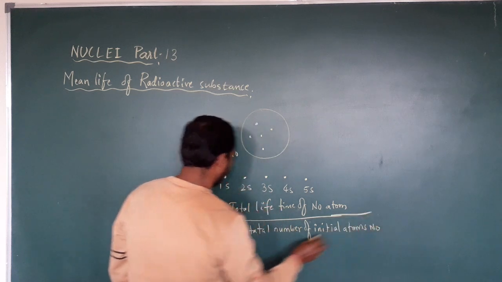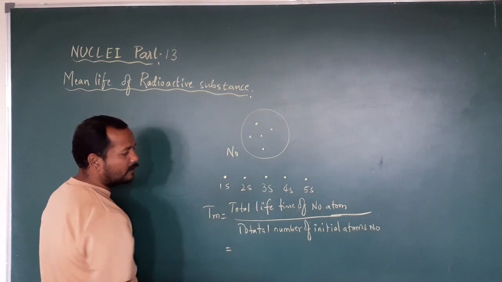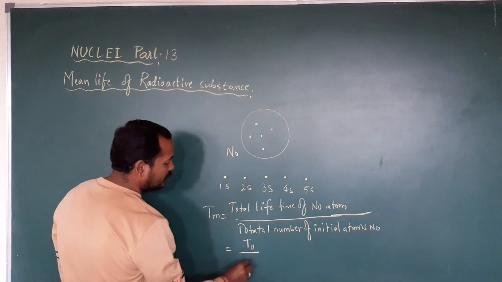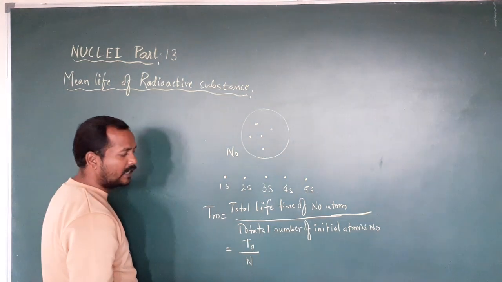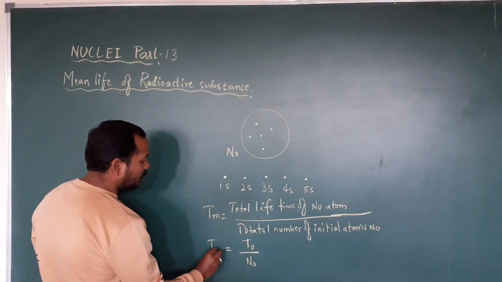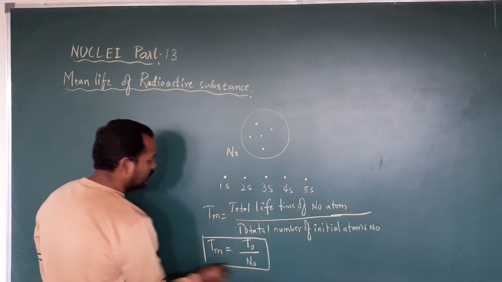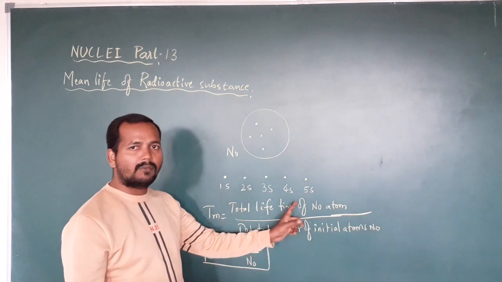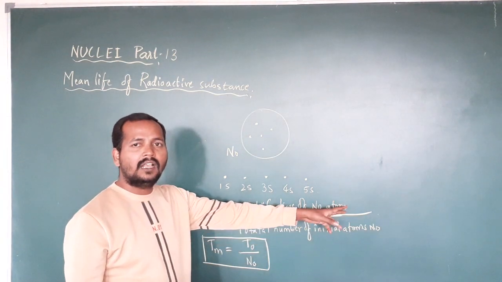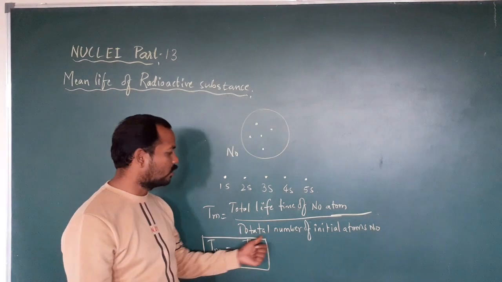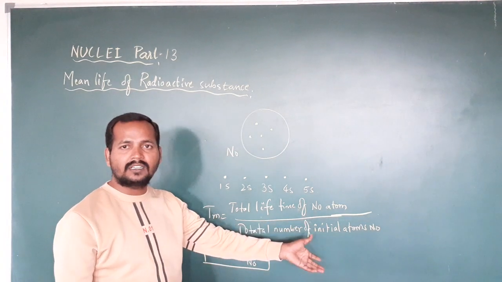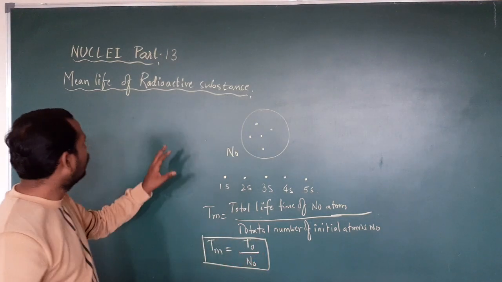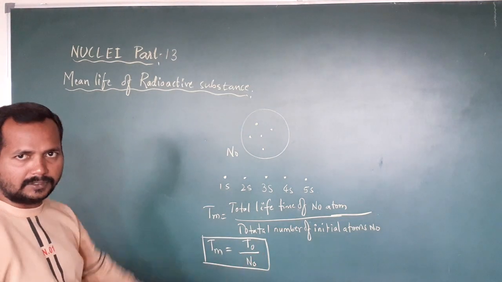The total lifetime of N0 atoms is considered to be T0. Therefore, mean life is defined as the ratio of the total lifetime of the atoms present in a radioactive substance to the total number of initial atoms present in the same radioactive substance. This is called the mean life of a radioactive substance, correct?